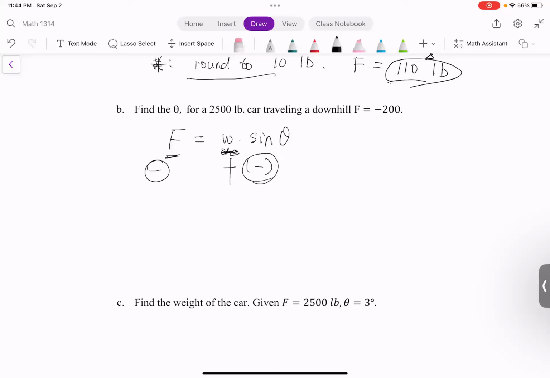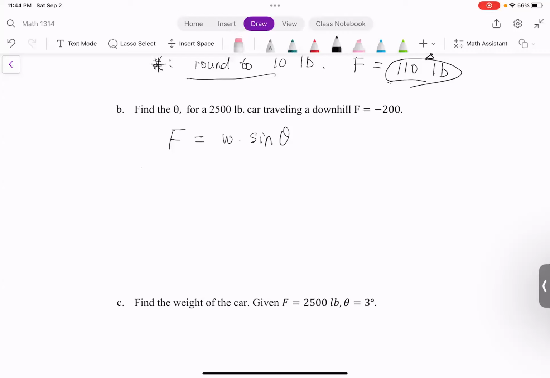So if theta is negative, sine is negative. Theta is between negative 90 degrees and 0 degrees, and this kind of angle will make the force negative. Okay, no more explanation, just plug in the information in the formula and find the missing information.